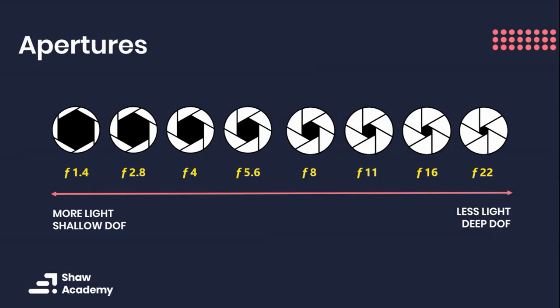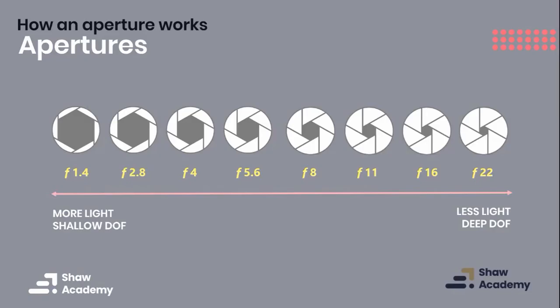That means that we're going to have everything very sharp and in focus from the foreground to the background, compared to a shallow depth of field, which will usually give us a nice soft, out of focus background, depending on what we are filming. So these are your standard aperture sizes.